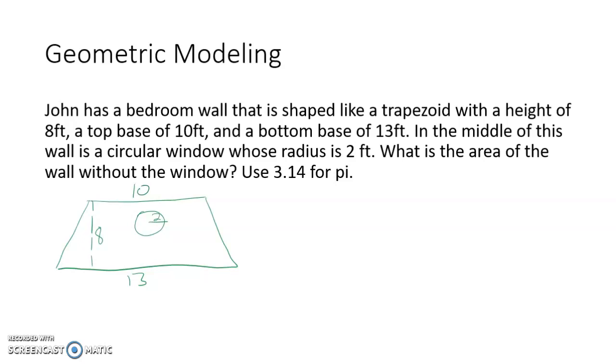So first up, area of a trapezoid is 1/2 times the height times base 1 plus base 2. So if we plug in our numbers here, we got 1/2 times 8 times 10 plus 13. And that gives us, once we plug all that in, an area of 92. Next up, we need to find the area of a circle, which is pi r squared.